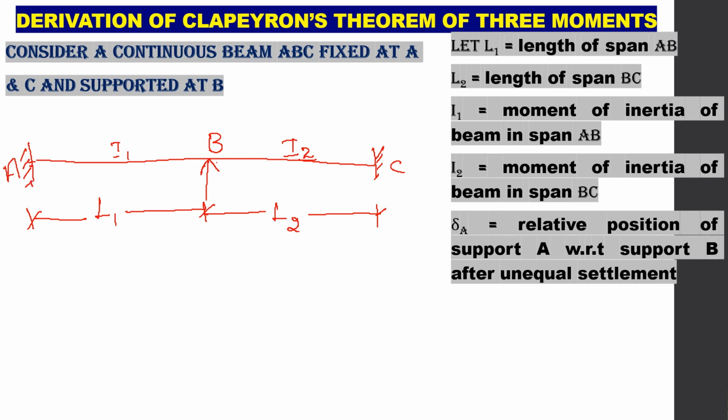So the relative position of the support A with respect to B is taken as delta A, and the relative position of C with respect to B after settlement will be taken as delta C.